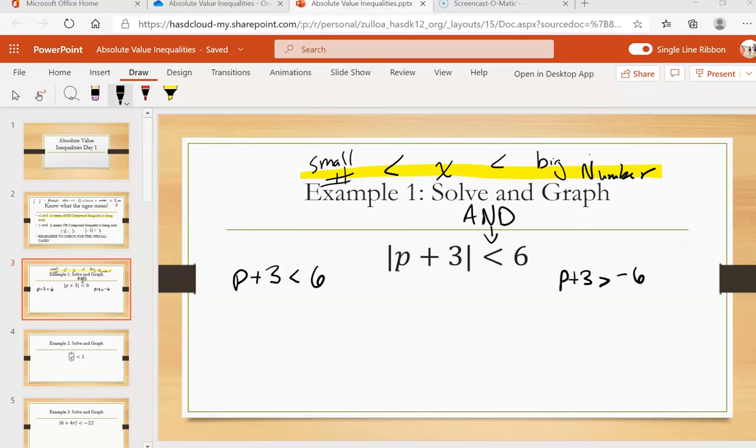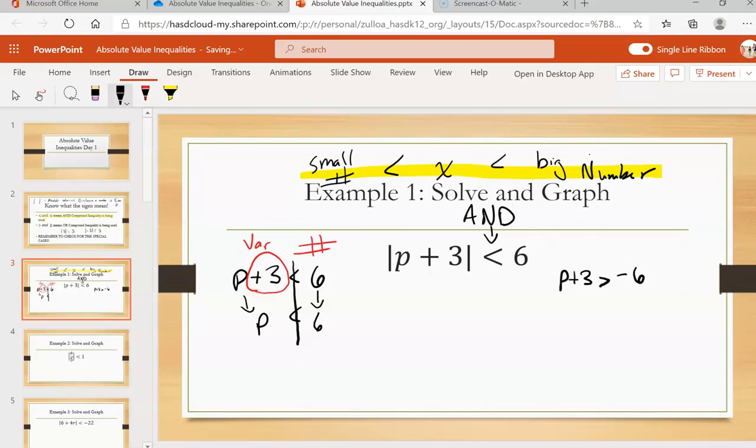So you're just going to solve these two problems like you normally would, okay? I am going to drop my line down and solve this equation that's over here on the left. In order for me to do that, I have to get p by itself. This is my variable side. This is my number side. Okay, so I'm going to circle that plus 3. Bring down my p, less than, bring down my 6.